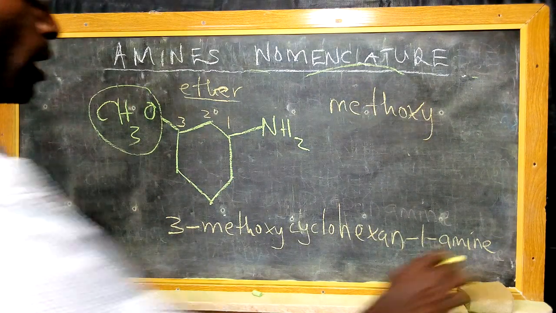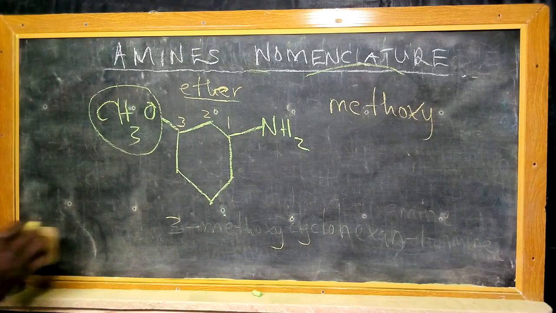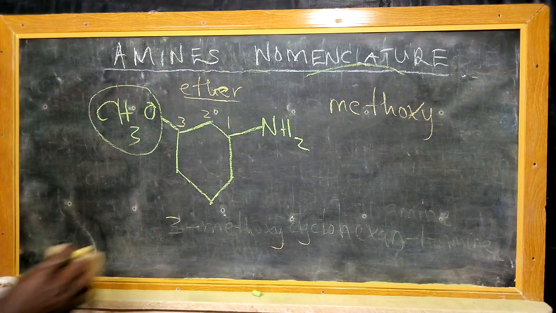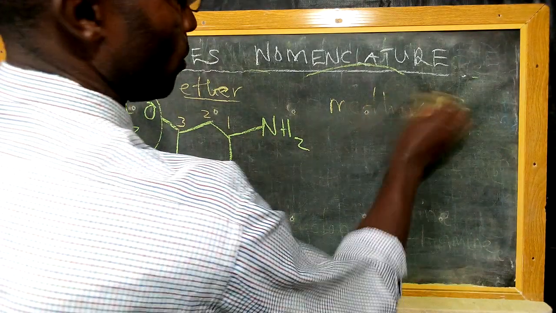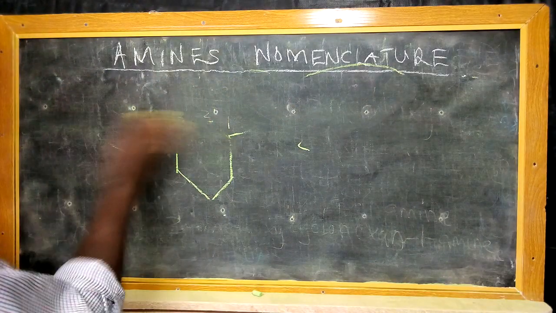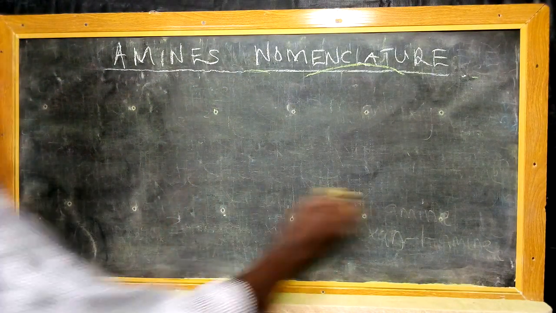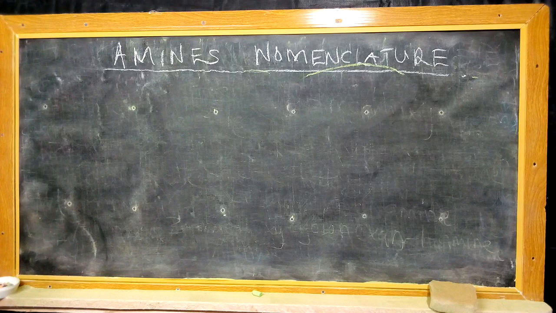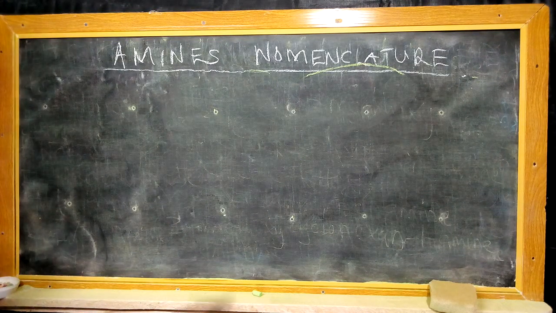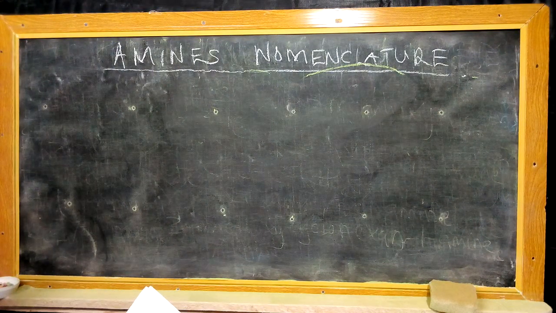So lastly, let's look at another example that has a somewhat unique substituent, so that we can see also how that kind of compound can be named. So let's look at this.